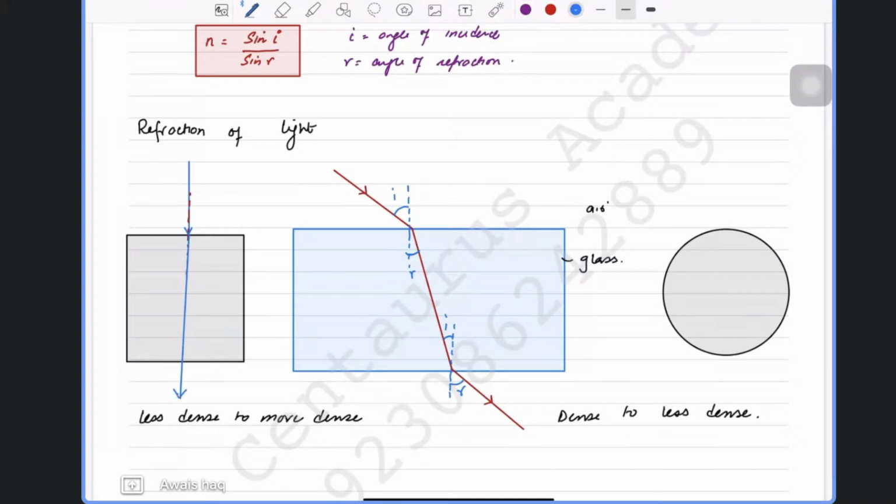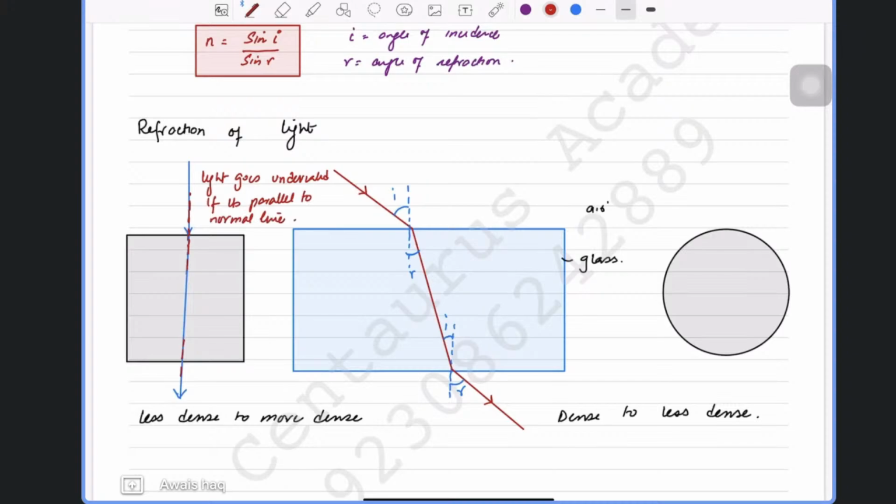So we can say that, I'm going to make the normal again, it got vanished. Light goes undeviated if it's parallel to the normal line. So you guys need to remember this, okay?